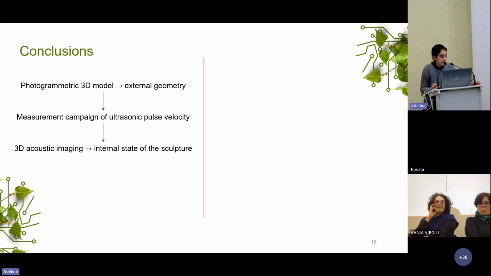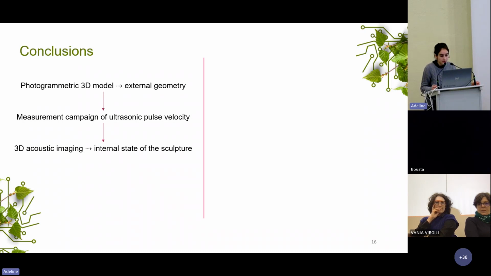Therefore, thanks to a 3D photogrammetric model that gives us the external geometry of the altar, and combined with the measurement campaign of ultrasonic pulse velocity, we could get a 3D imaging of the velocity inside the altar, which gives us information about the internal state of the sculpture.